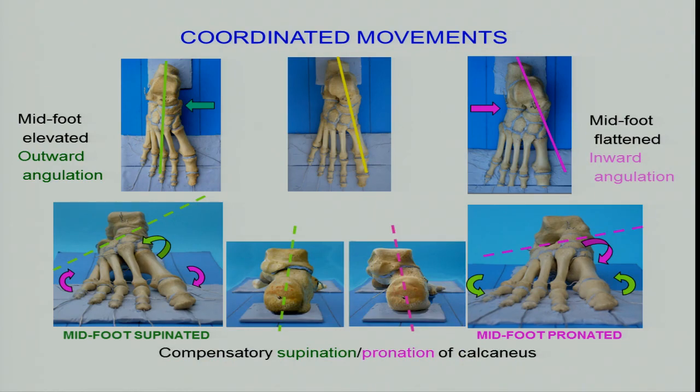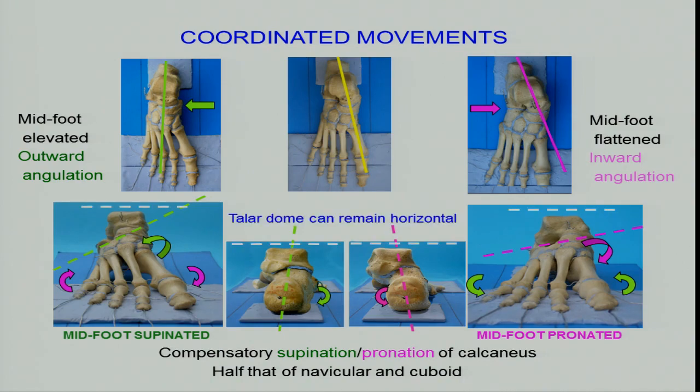And the calcaneus pronates and supinates half as far as the navicular and cuboid. Talar dome remains horizontal.